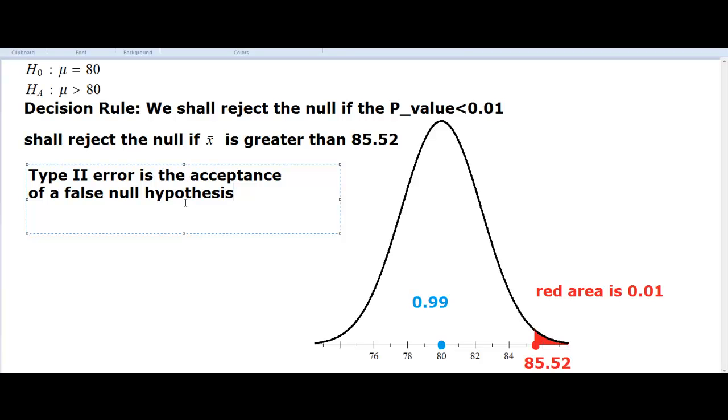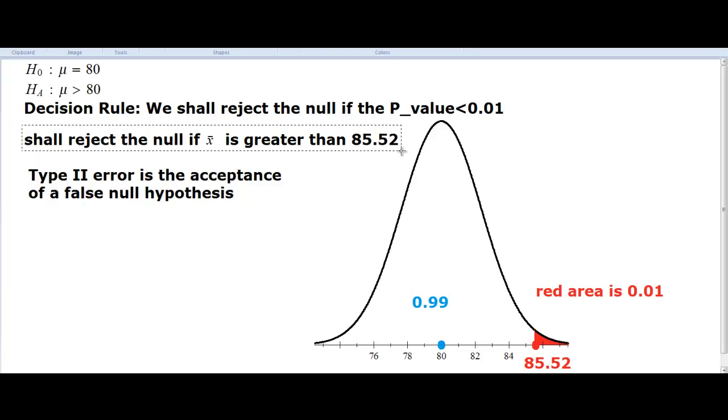The way we are going to conduct our test, we reject the null if x bar is greater than 85.52, so we shall actually not reject the null.